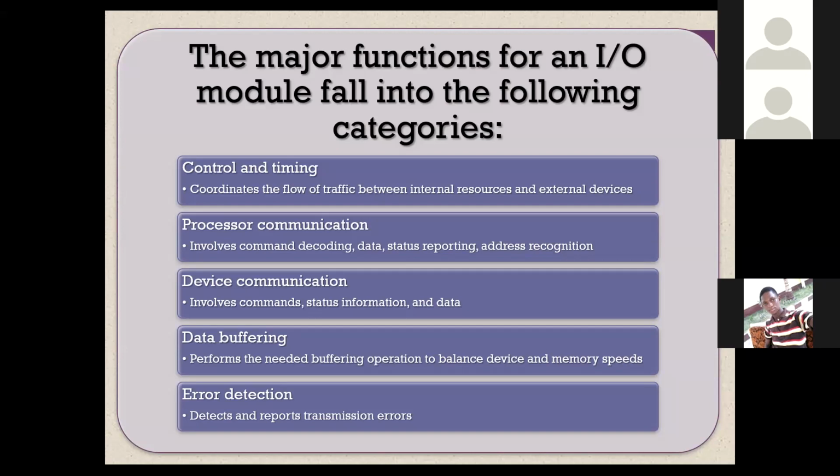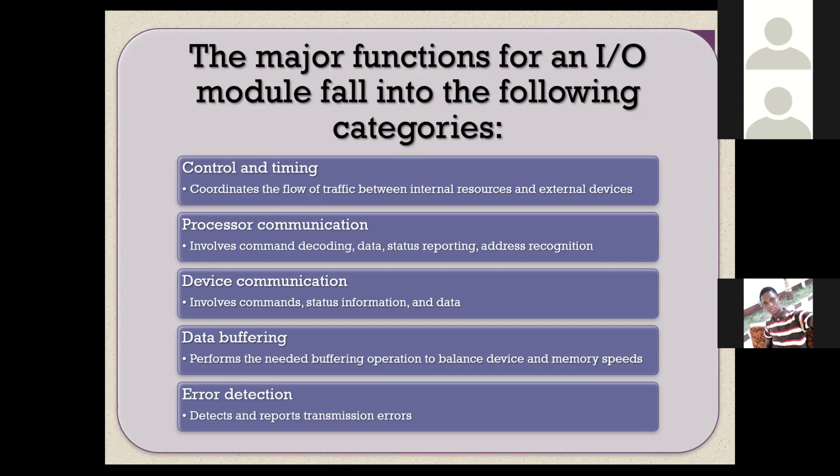For example, if an IO module is asked to send data to the processor, in which case it's a read operation, it may not be ready to do so for a number of reasons, either because it is still working on the previous IO command that was issued to it, or simply not ready.